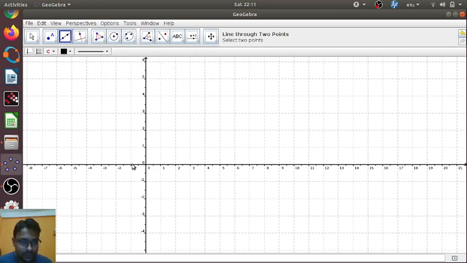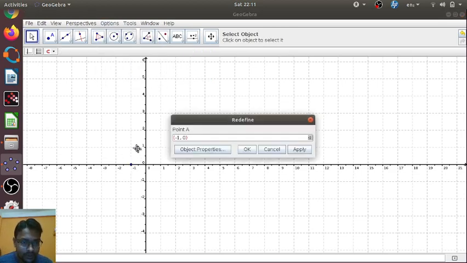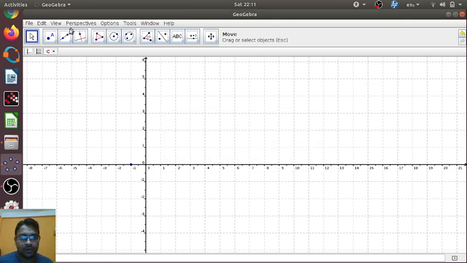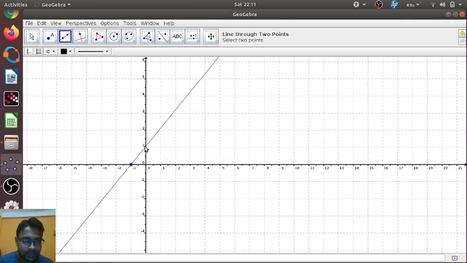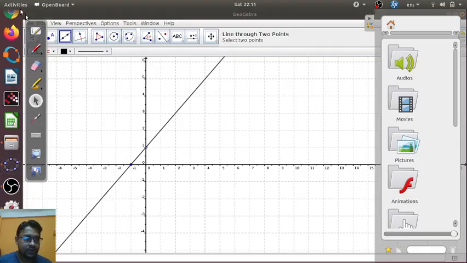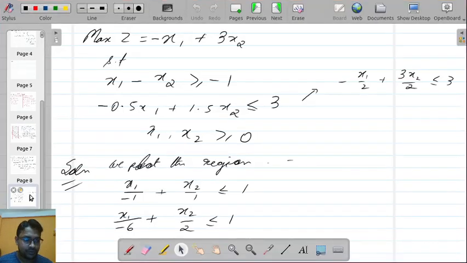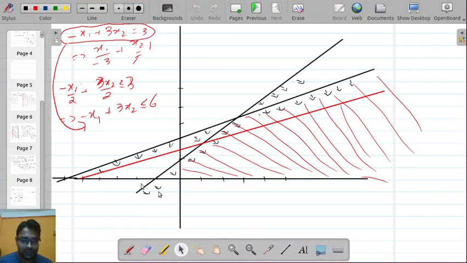Minus 1 and 1. Okay, so this is one line. Another line was through minus 6 and 2.